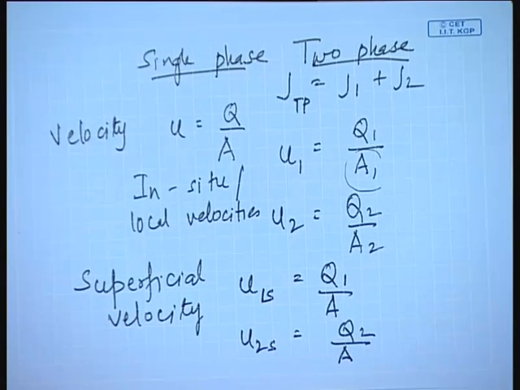So, you can very well observe, just by adding one more phase in the flow passage, what did we land up with? We landed up with 4 definitions of velocity in place of the single definition which we had for single phase flows.